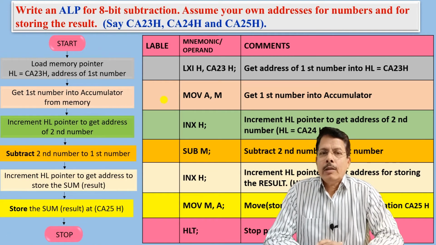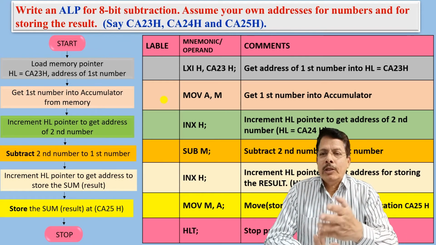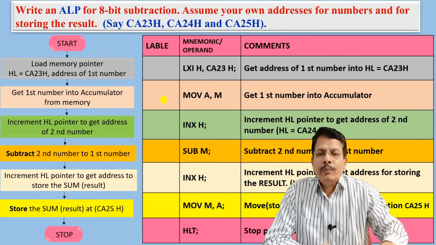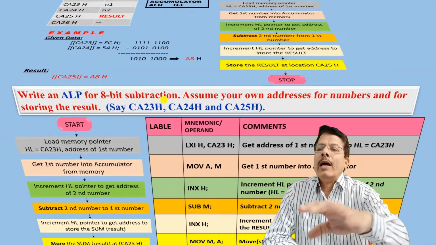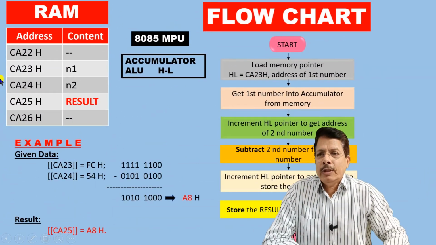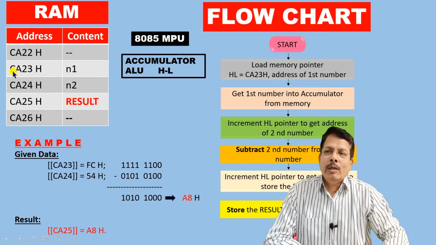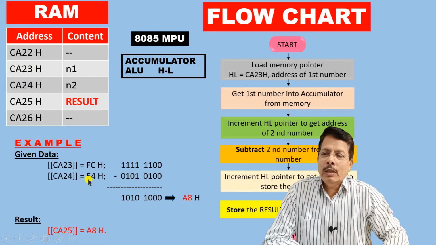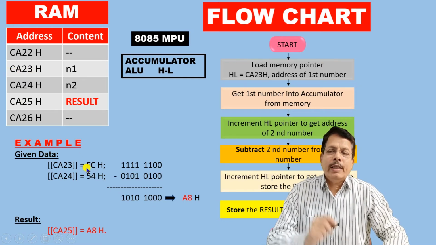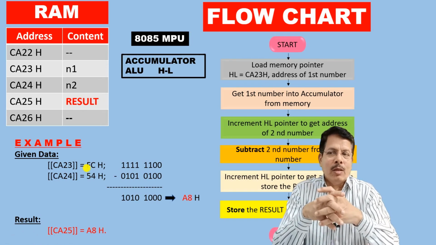Let us consider an example for this assembly language program. So let's consider the previous slide. Suppose we give some sample data at CA23, that means in this memory location CA23, let us provide the data FC, the first number.